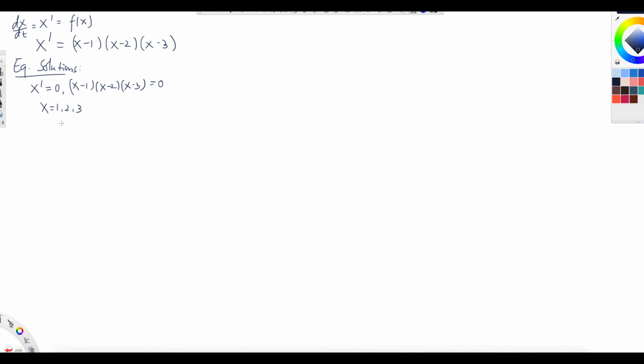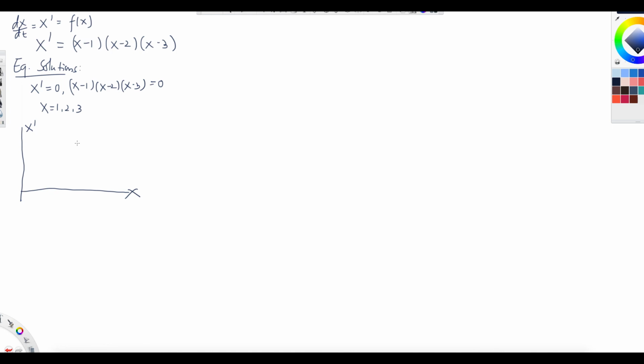Now, we need to draw the phase portrait to identify the behavior of the other solutions. So how do I do that? We need to draw the graph of x prime versus x. Let me write down, this is x, this is dx over dt or x prime.